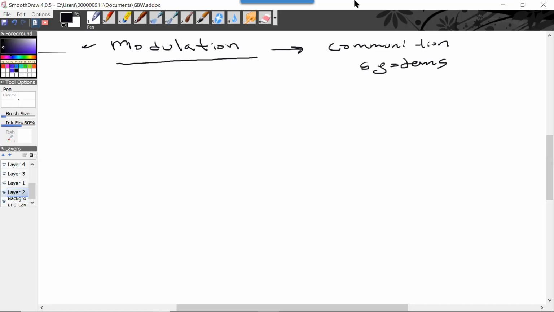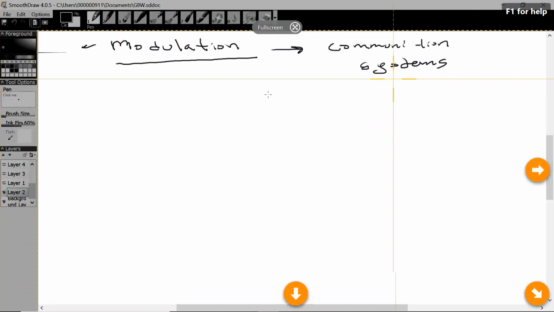There are all kinds of modulation schemes, but we're really going to talk about just multiplying a cosine times some frequency data. But before we get to that, we need to get some definitions.